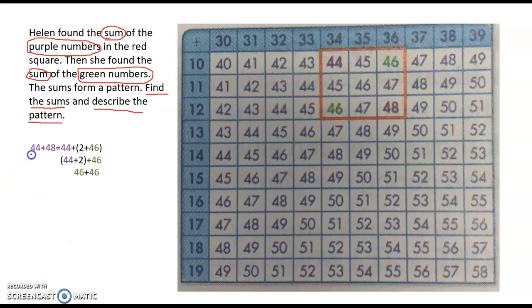So our purple numbers are 44 and 48. Or 44, and I'm breaking 48 up into 46 and 2, because 46 plus 2 is 48. You can see 46 is one of my green numbers.